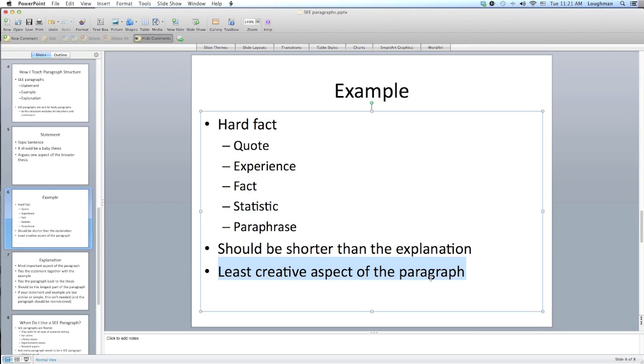If you're putting down a quote or a summary, I mean, someone else did that thinking for you. And again, it takes some skill to select a good quote, to select a good passage or a fact to discuss. But it's not your opinion. It's not your language. You're just relaying what other people have said. All right. And so it should be shorter than the explanation.